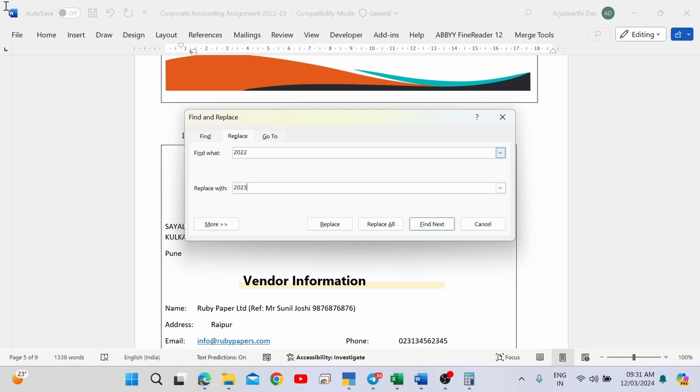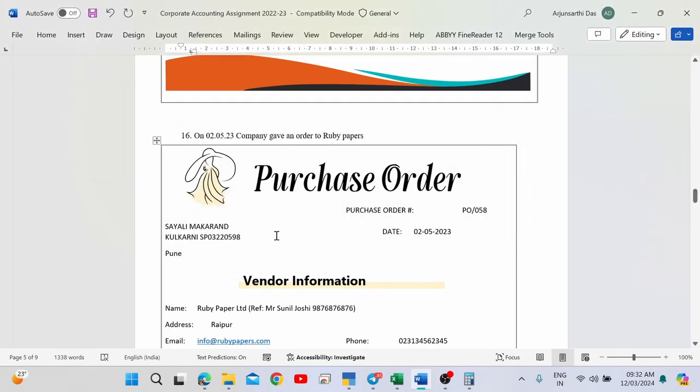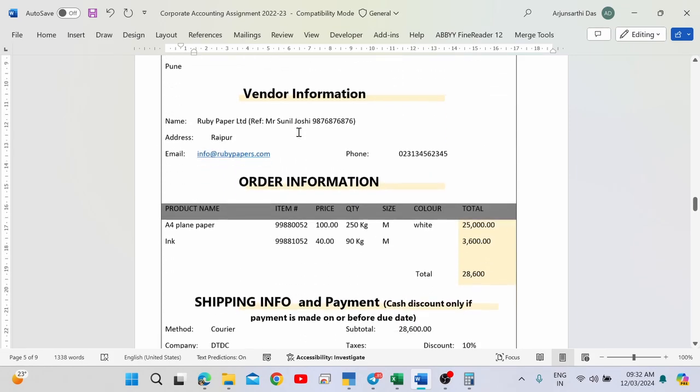The computer made it, but in my project somewhere I wrote 22 and forgot to make it 23. Now I have made it 23. Like in the previous project, here you will find 22, but now I made it 23. Therefore, now there is no confusion in the date.